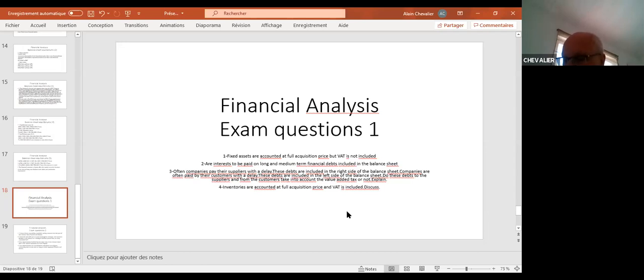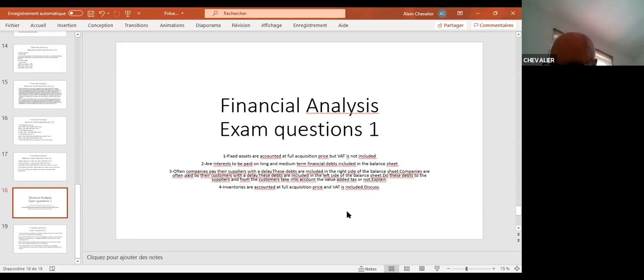The only difficulty we have right now, and we'll come back to that later, is with some kinds of leasing contracts. But we have to be very careful, because we have two categories of leasing contracts: operational lease and financial lease.